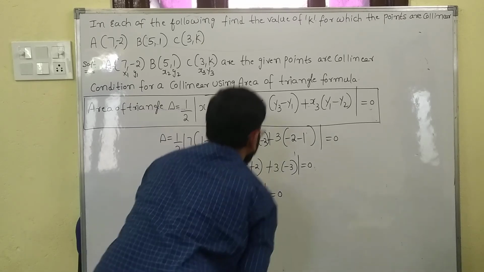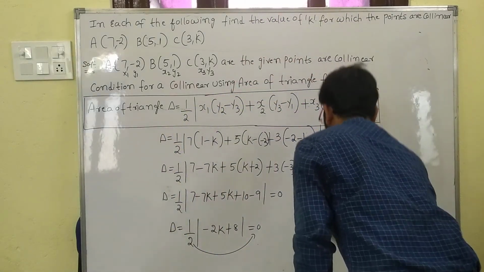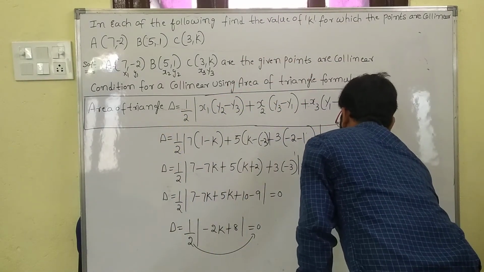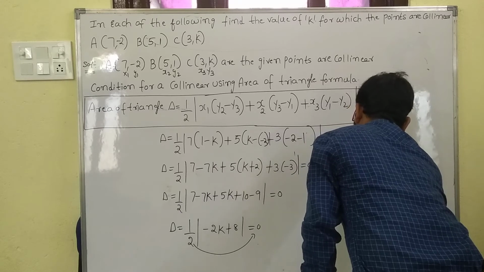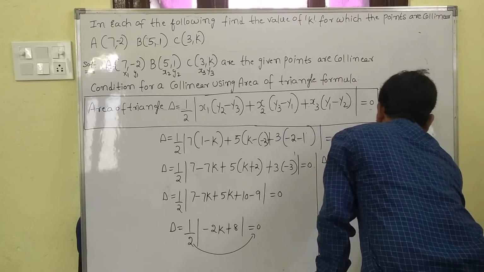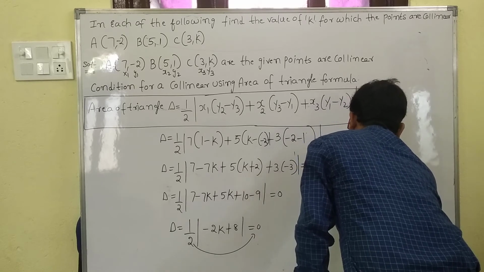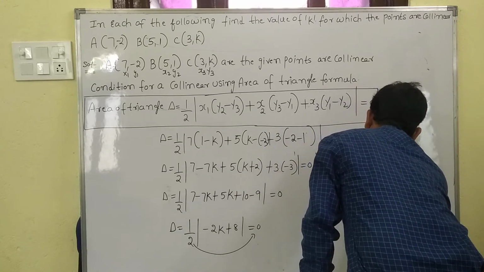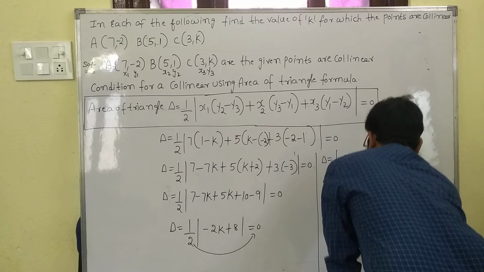Send the 2 to the other side, then delta equals modulus of minus 2k plus 8 is equal to 0.